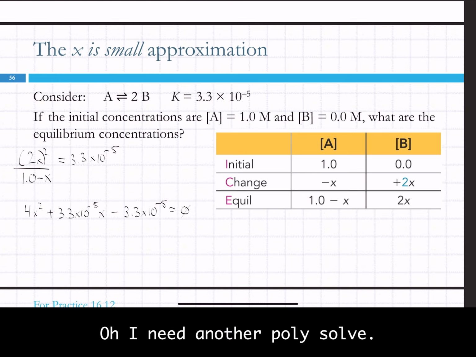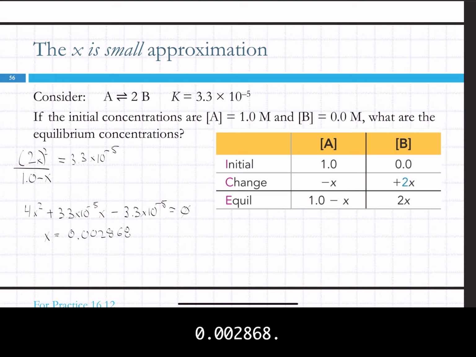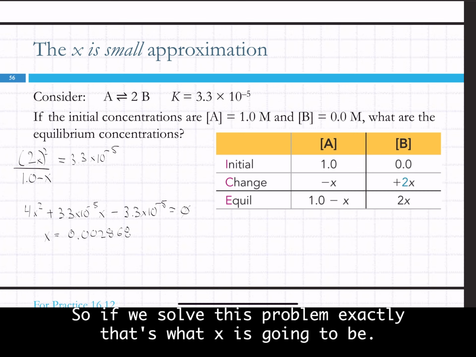Oh, no, I need another polysolve. This is going to be 4, this is going to be 3.3 e negative 5. So x equals 0.002868. If we solve this problem exactly, that's what x is going to be.